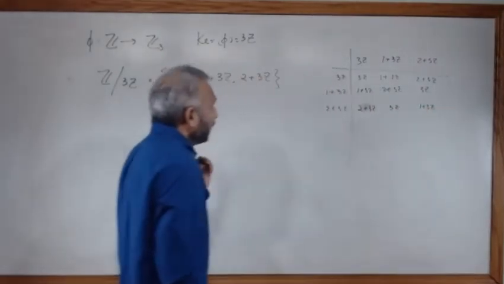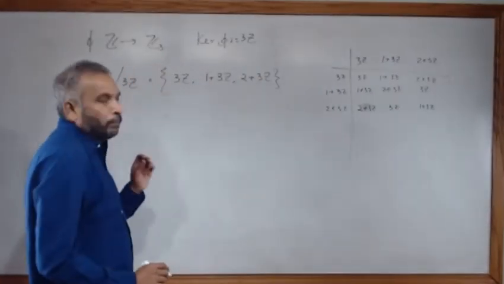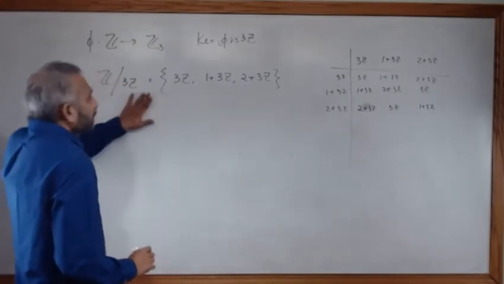So this is the multiplication table for this factor group.